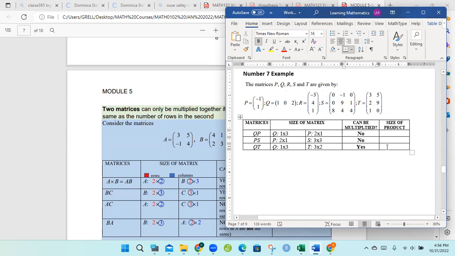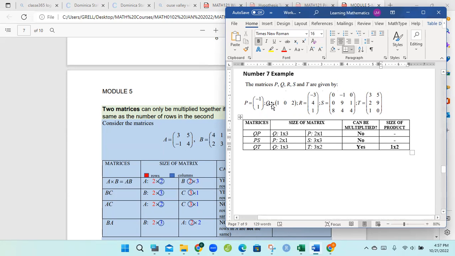Now, what would be the size of the product? If multiplication is not possible, we cannot put anything. But the size of the product is determined by the outermost numbers. So a 1 and a 2, so the product is going to be 1 by 2.